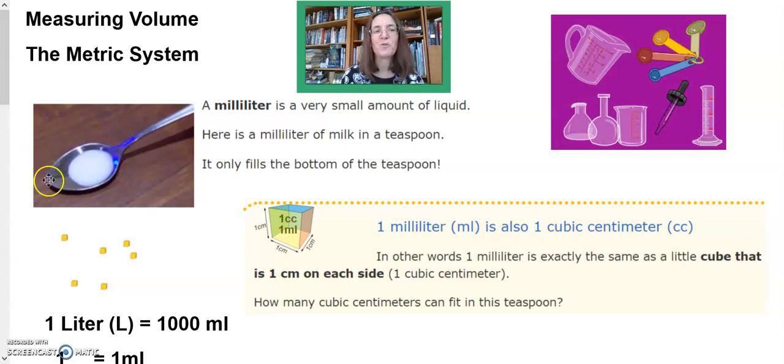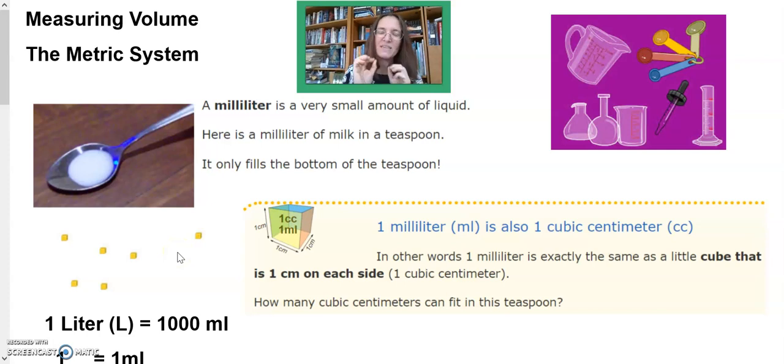Now in this spoon over here, you can see 1 milliliter of milk. It's about 20 drops. It's not very much. But another way to think of it is how much liquid would fill up one of our teeny tiny single 1 cubes. Think back at school, all those little single ones.